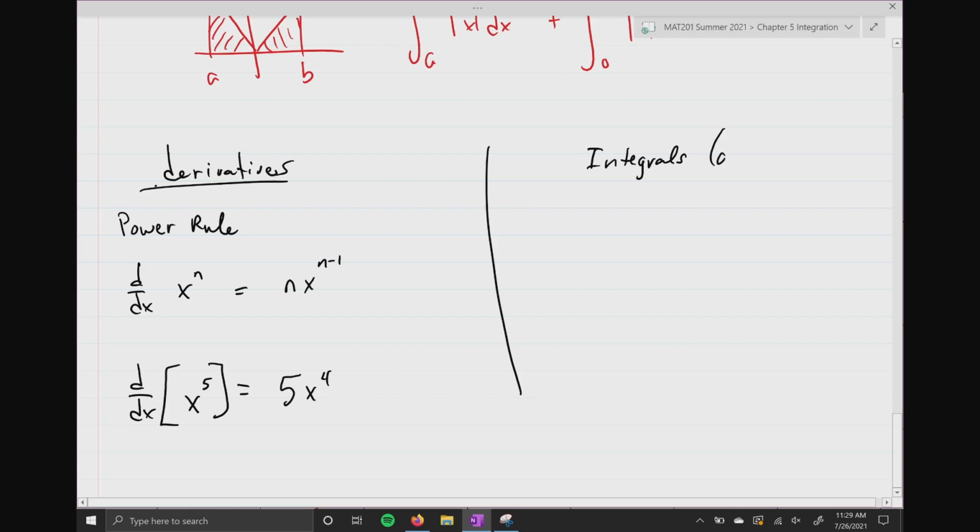Now with integrals, or the antiderivative, it also has its own little power rule. So let me show you what that looks like.